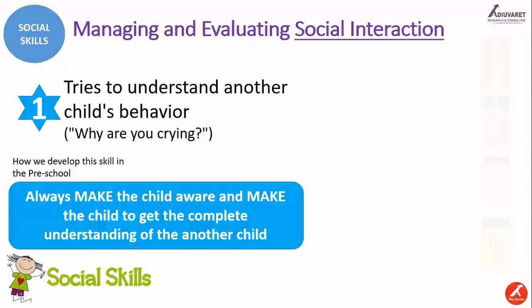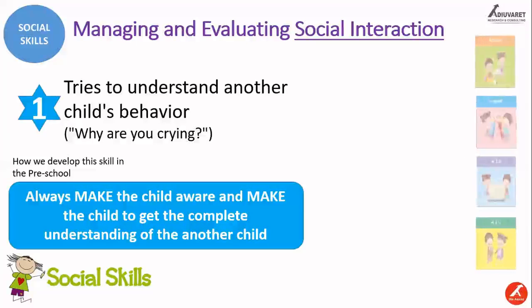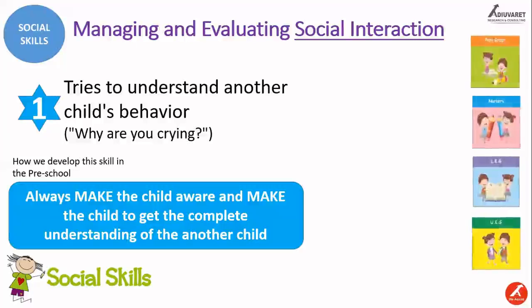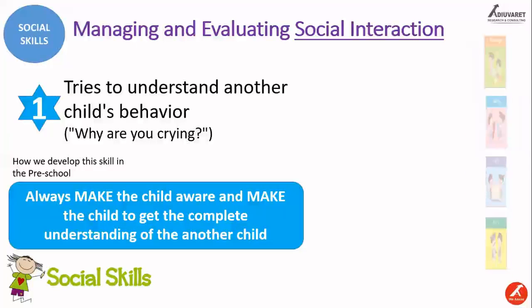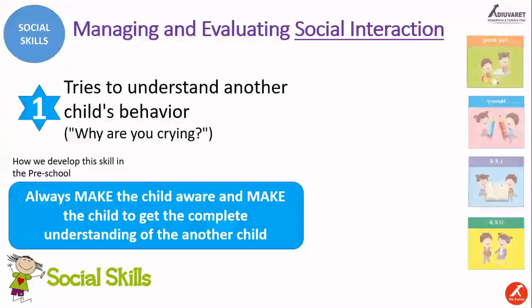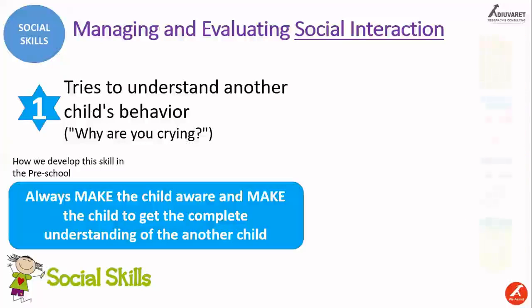So if we make our child understand this skill, then the child will learn it. As a teacher or as parents, our only job to inculcate the skill is that at the right time we make the child aware of that particular thing.